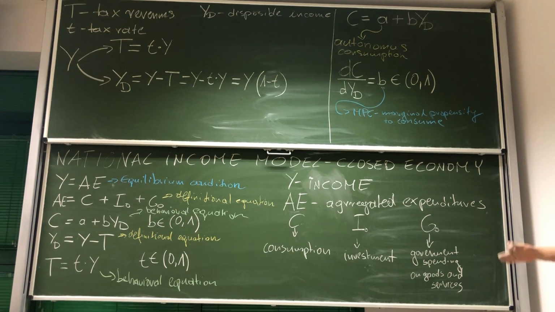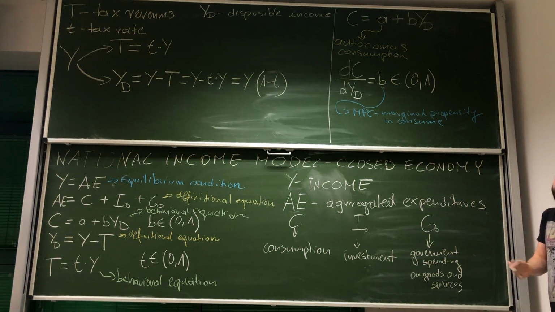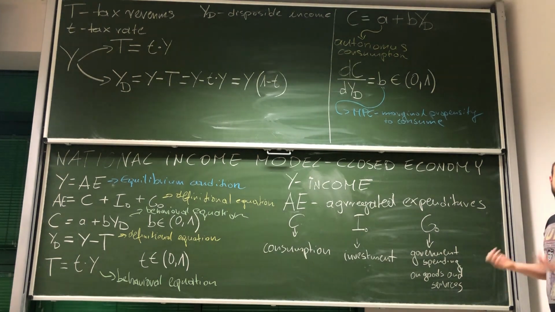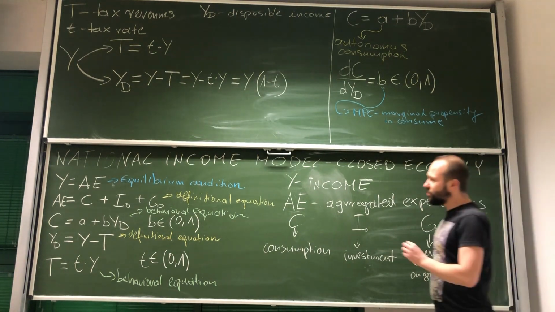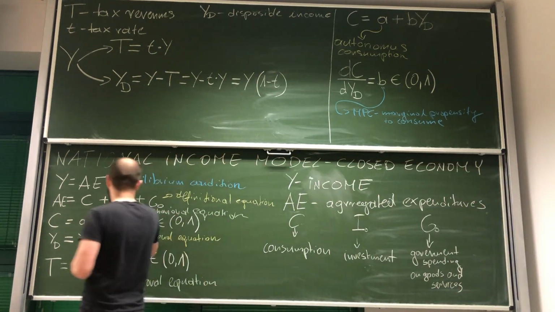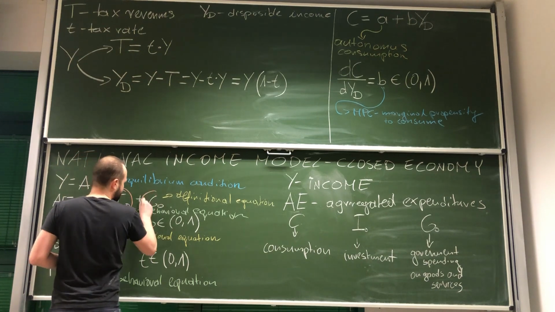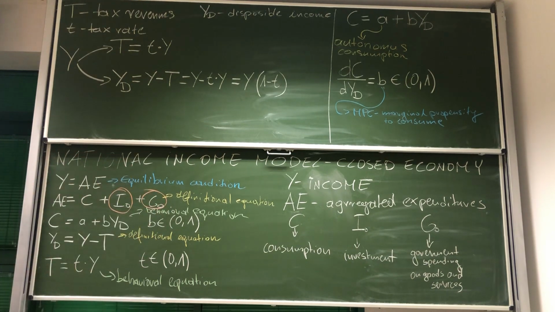What does it mean? It means that we are not trying to explain it. We are taking them as given. They're called autonomous, but autonomous is just another name for exogenous. So exogenous variables definitely are investment and government spending.